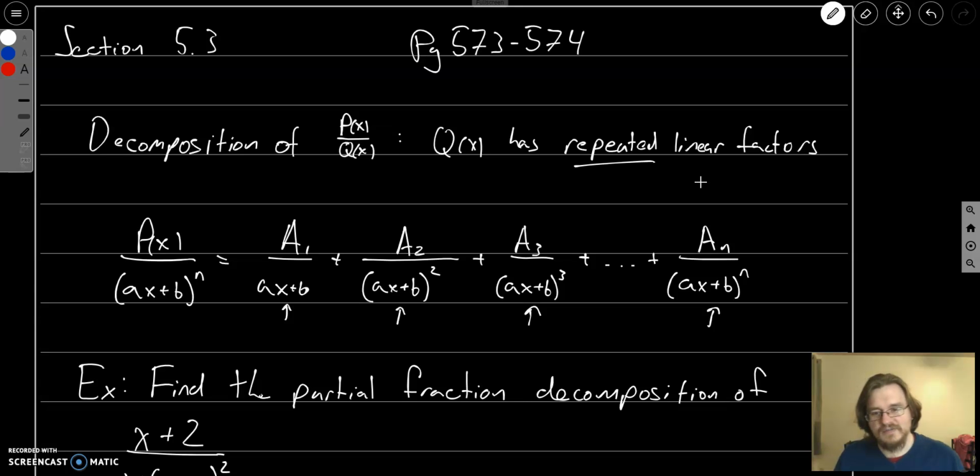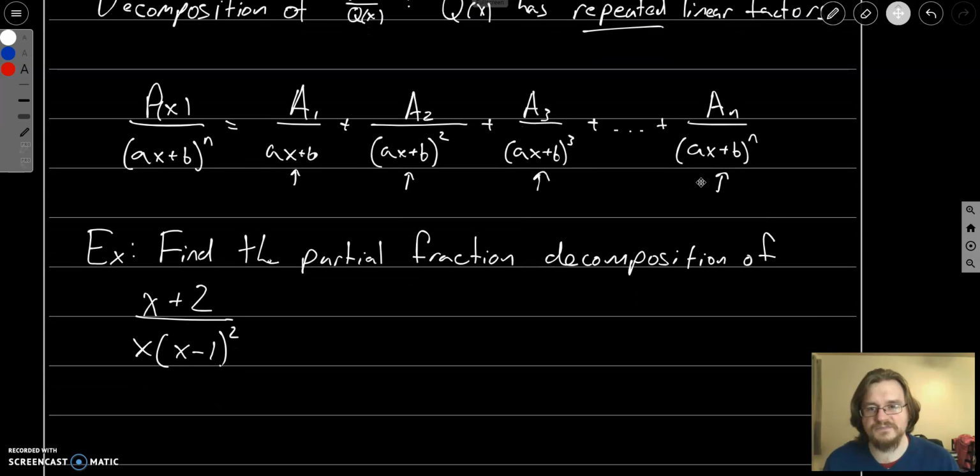And this will seem like a lot, but in truth, it doesn't amount to a whole lot different for decomposing a fraction. So I think the easiest way to see exactly what's going on is to do an example.